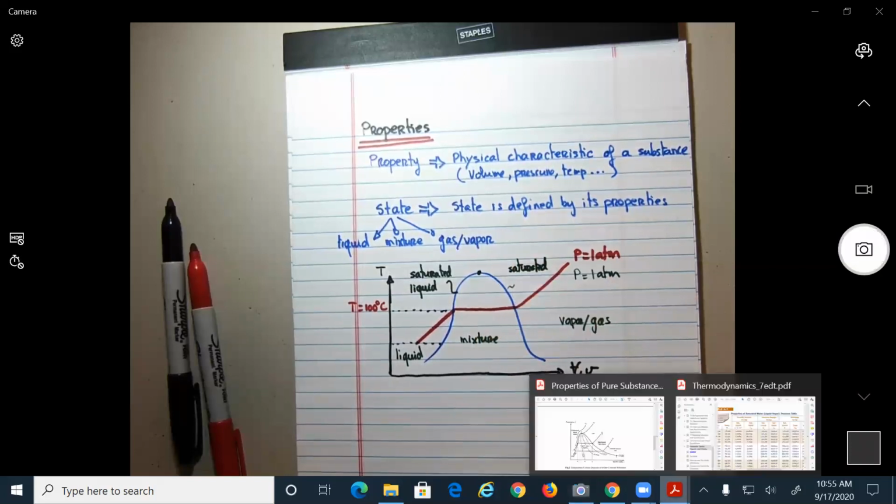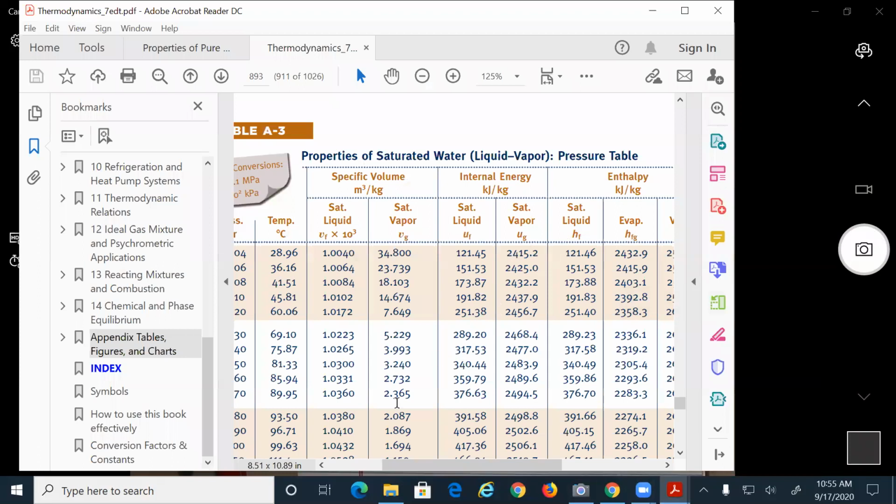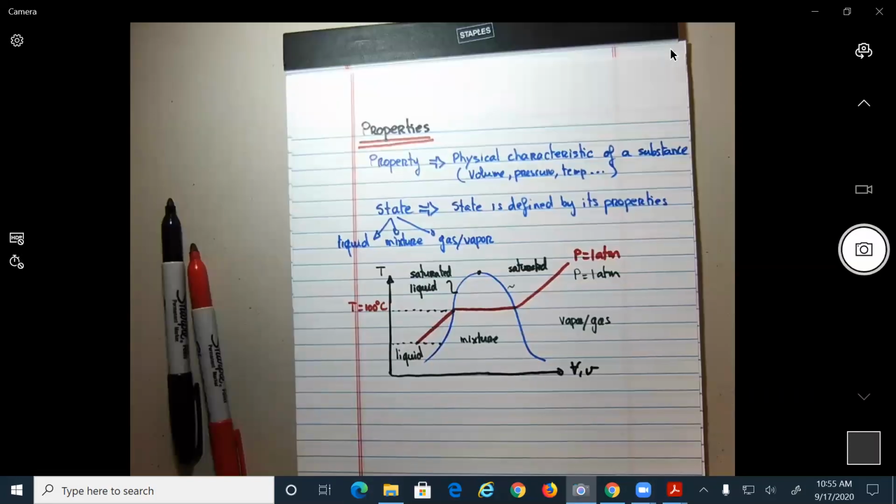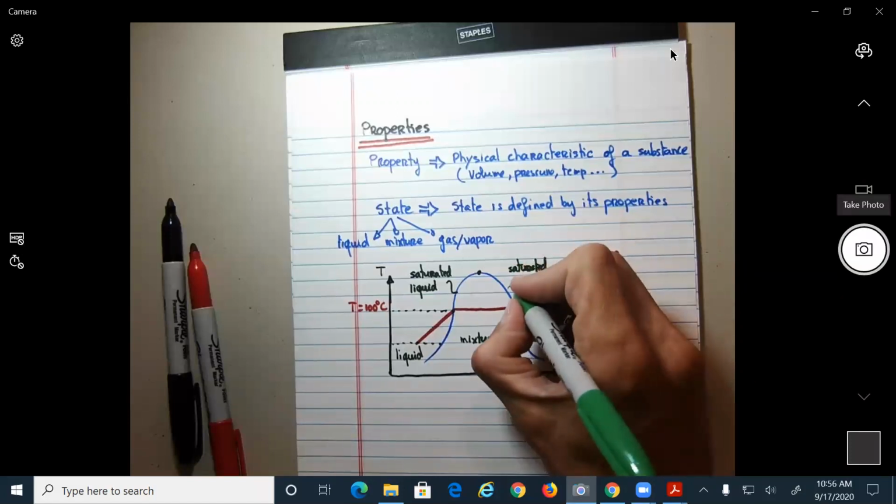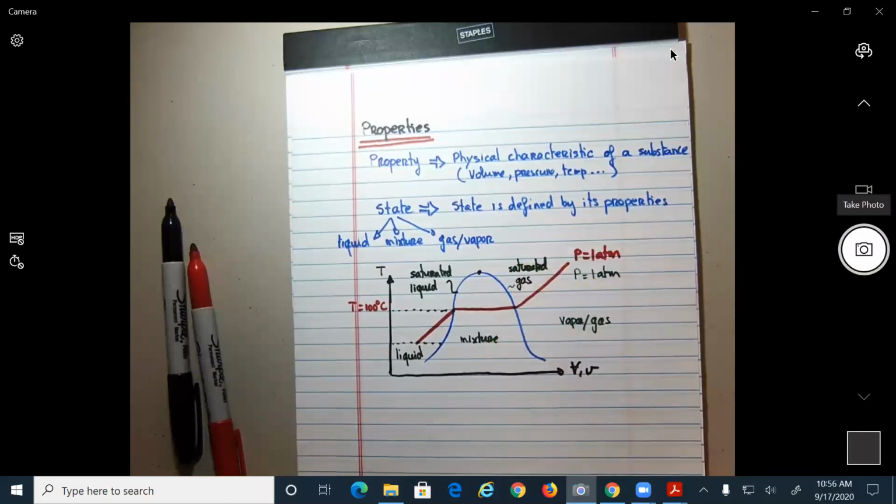Let's see how they use it on this table. Yeah, they use saturated gas, okay?